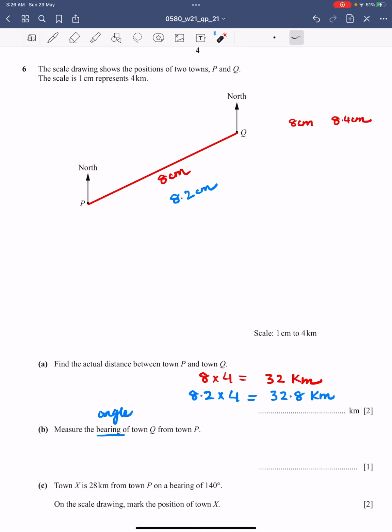And the question says measure the bearing of town Q from town P. Now whenever we hear the word from, we should know that that is our starting point.